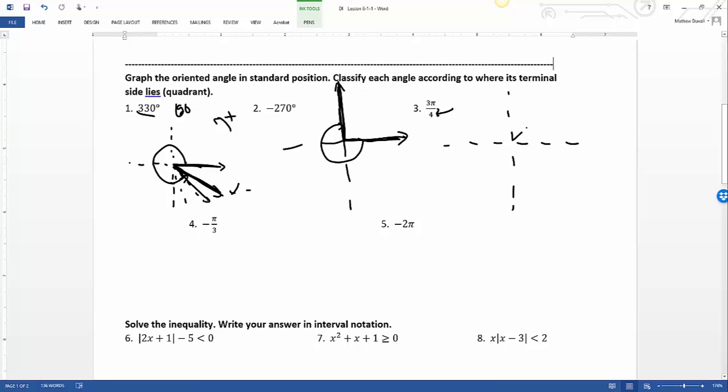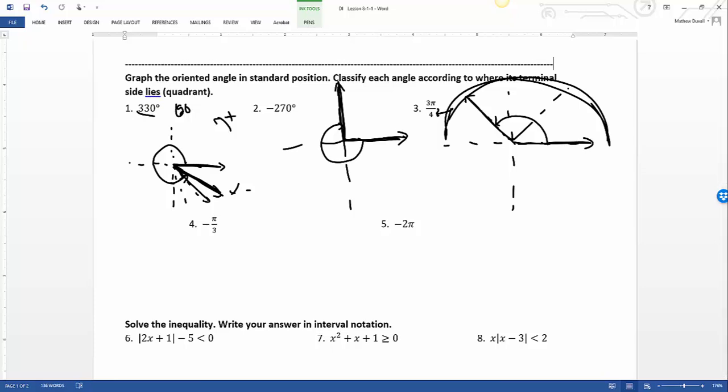So that means the pi side would just be that side, right? That's getting cut up into fourths, and I want 3 of them. So here's my initial side. Count 1, 2, 3. There's my terminal side. That's 3 pi fourths.